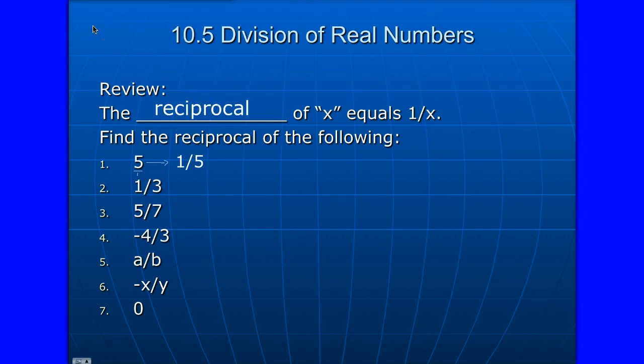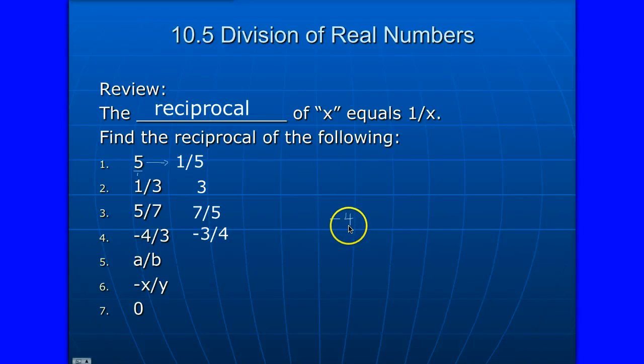So the rest of these here, 1 over 3, its reciprocal would be 3. I'm just listing the reciprocal here. Number 3, the reciprocal of 5 over 7 is 7 over 5. On number 4, notice I kept the sign, because the real definition, we're going to look on the next slide, is that when you multiply those things together, you get an answer of 1.